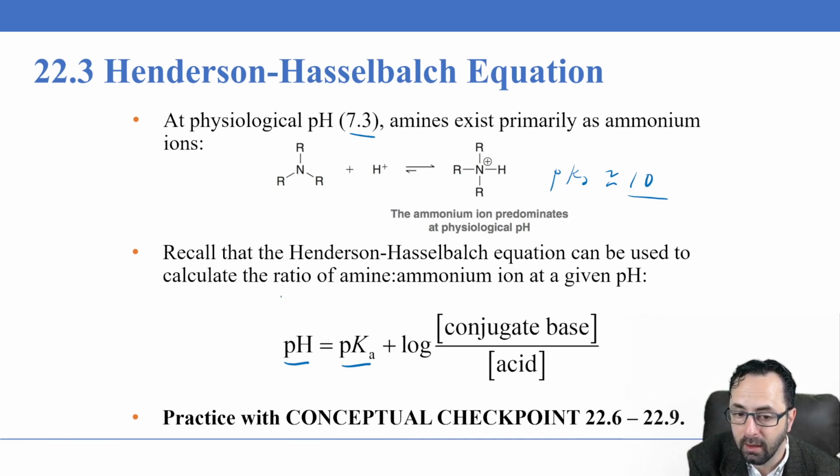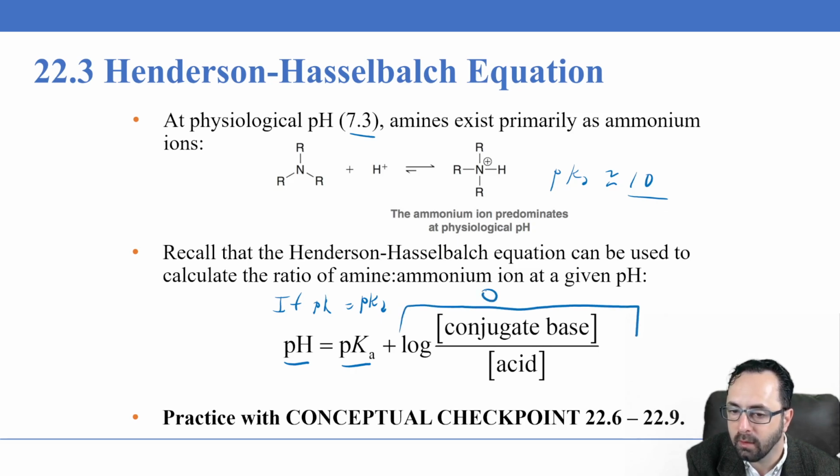The very simple way to analyze this is saying if pH equals pKa, then this whole log term must be 0. And this term will be 0 if these are equal, since the log of 1 is 0.